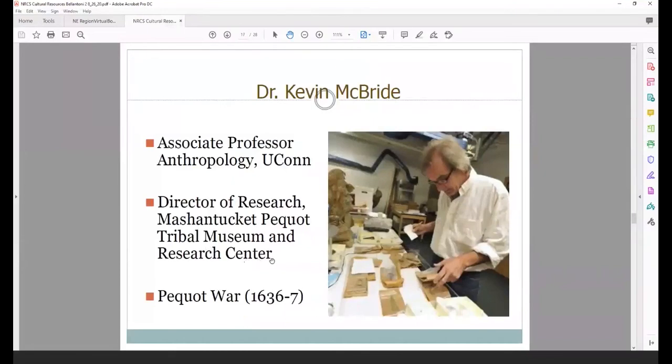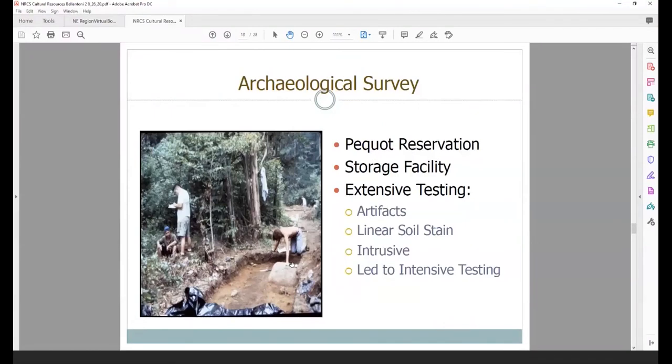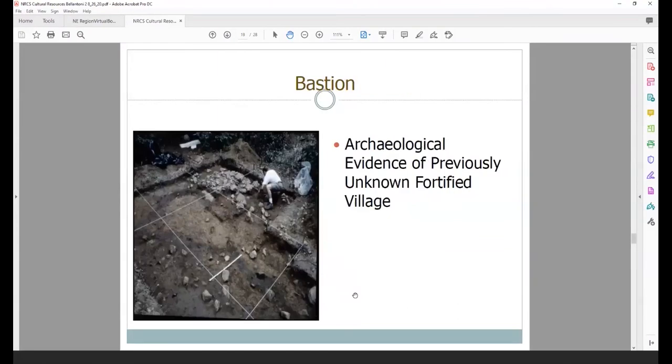This is one of my colleagues who has studied the Pequot War at the Pequot Reservation, Dr. Kevin McBride. I point him out because, doing an archaeological survey on the Pequot Reservation, they found a dark linear stain in the soil. And at first they were totally confused as to what that was. When they expanded the area, you could see that dark stain coming to almost a triangle.